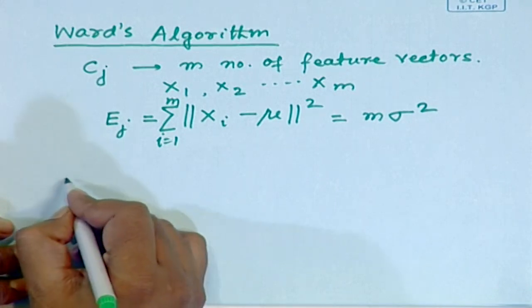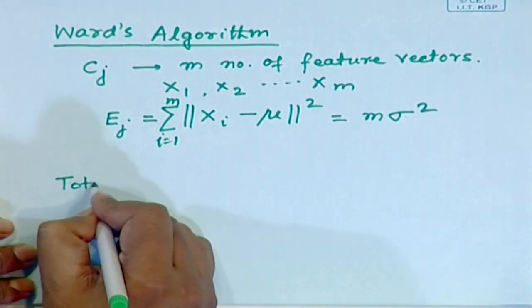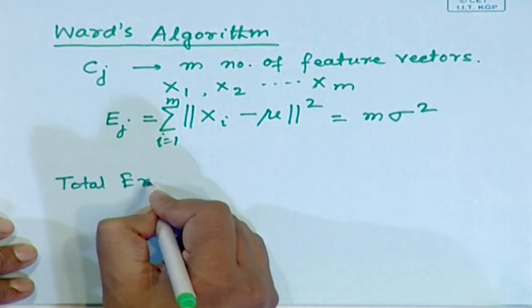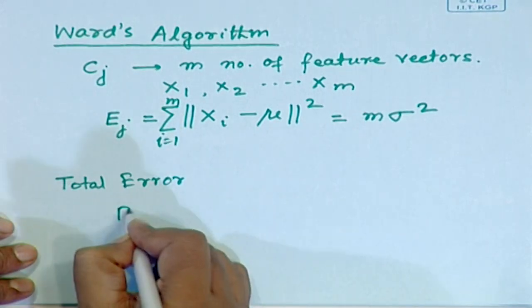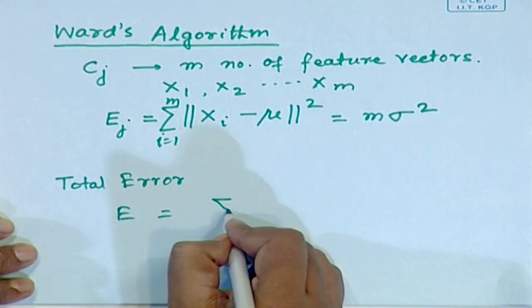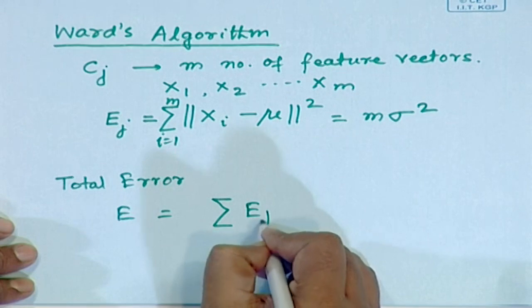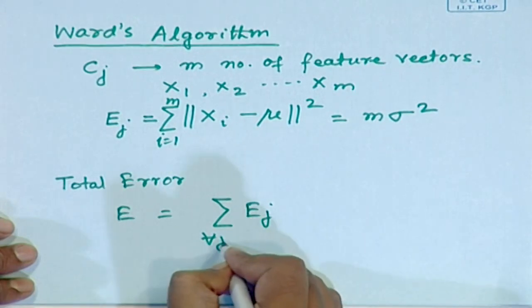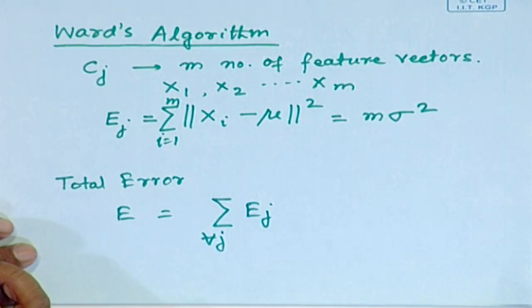And the total error of clustering, E, can be defined as the sum of Ej for all j, that is, the sum of the within cluster error over all the clusters. That gives you the total error of clustering.